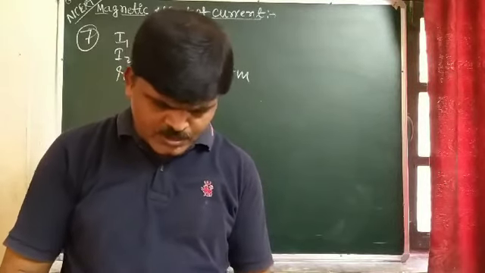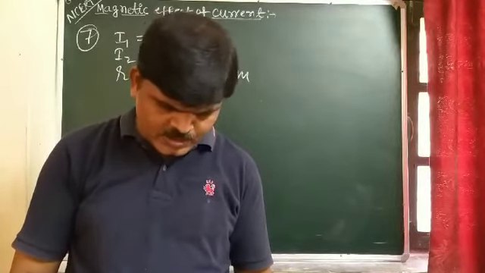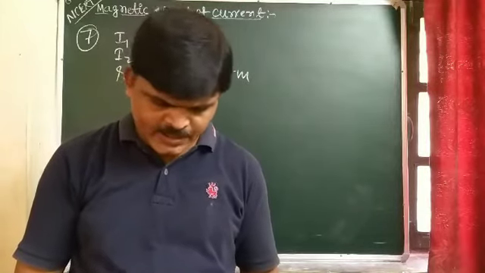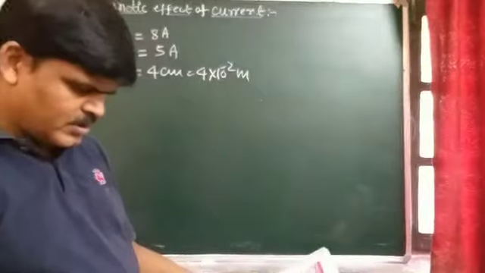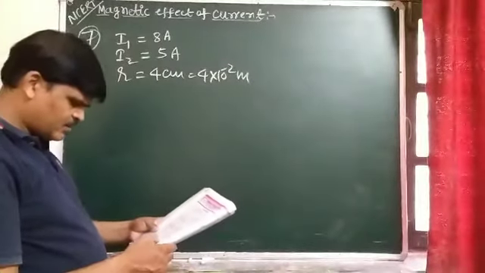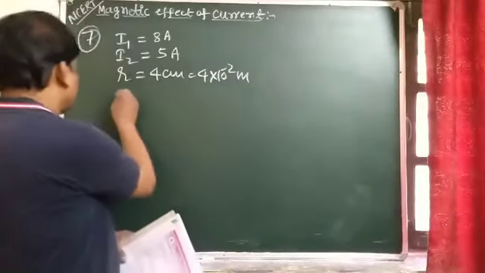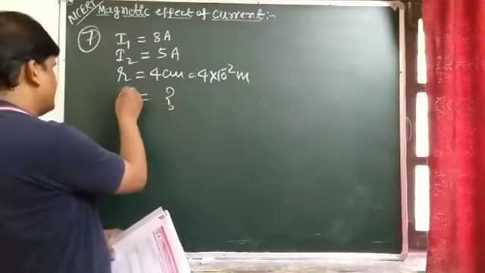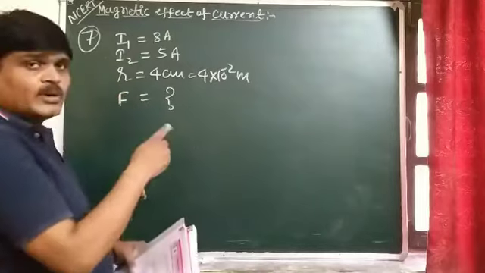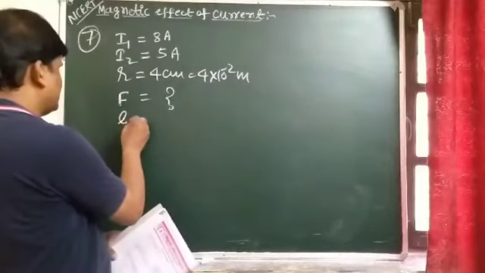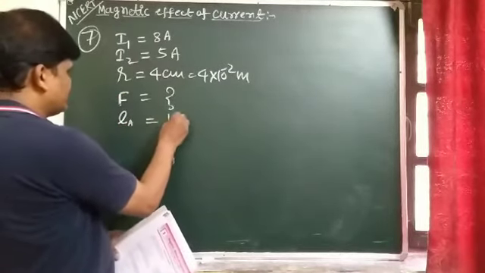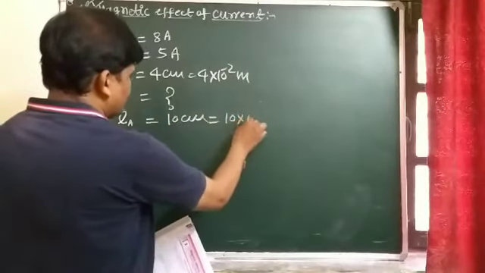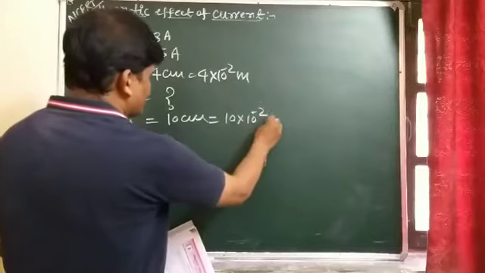Estimate the force on 10 centimeter section of wire A. So we have to find the force acting on wire A, and its length is 10 centimeter of wire A, that is 10 into 10 to the power minus 2 meter.